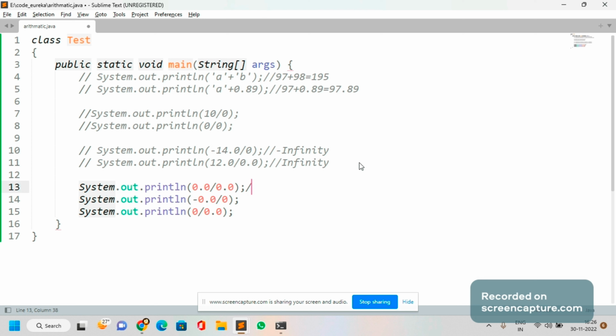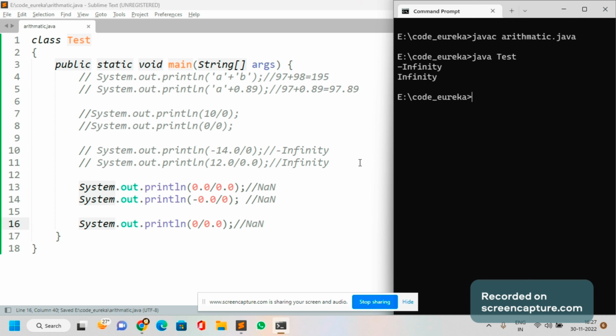So here it is NaN, here the output is also NaN, and here also NaN. Let's check, compile, then run. See, the output is NaN, NaN, NaN.